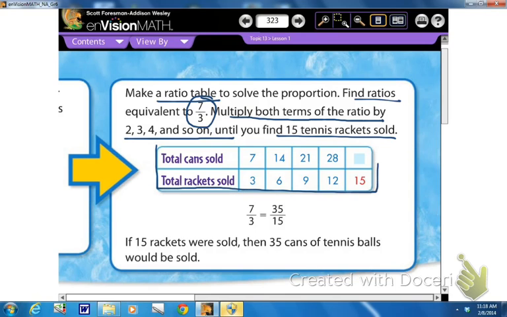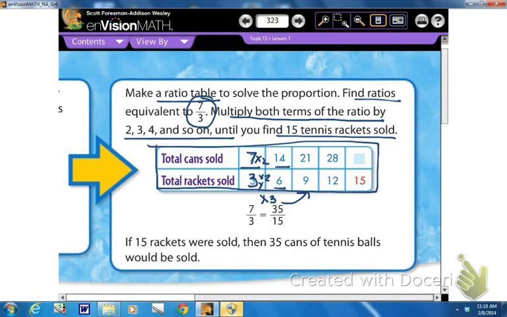Here's our table. We have our 7 cans, 3 rackets, and all we've done here is times 2 gives us the 6, so 7 times 2 gives us the 14. Now go back to the 3, and instead of multiplying by 2, multiply it by 3 to get your 9.